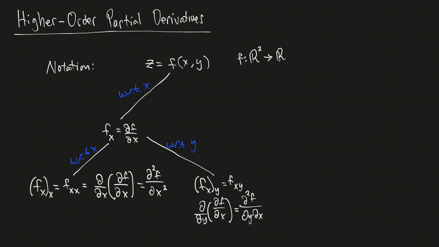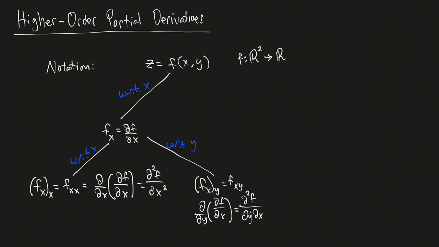dx. So here, if you notice, the order is kind of reversed because the process that we're doing is we're differentiating with respect to x and then with respect to y, and that order is going from left to right in this notation. But then look at this, it's in the opposite direction now, x and then y, right?